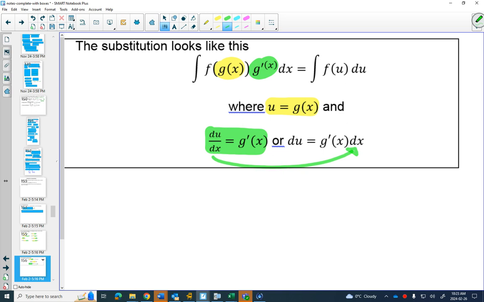So I get du by itself. And what that lets me do is change the g prime x dx all to du. Then we get another function. That would be like this.